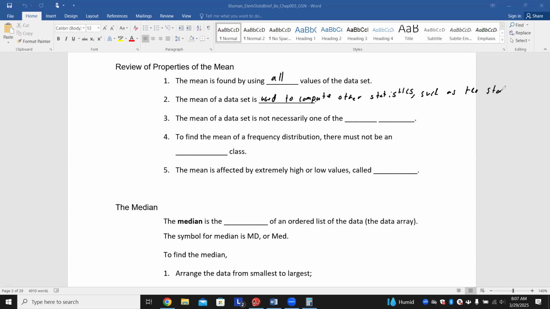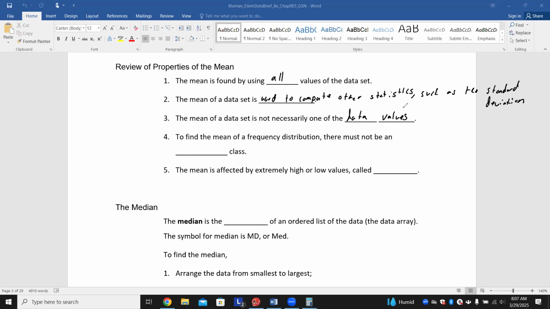And we'll talk about this in a little bit. The mean of the data set is not necessarily one of the data values. Okay. So it can be, and it cannot be, but it's not necessarily one of the data values.